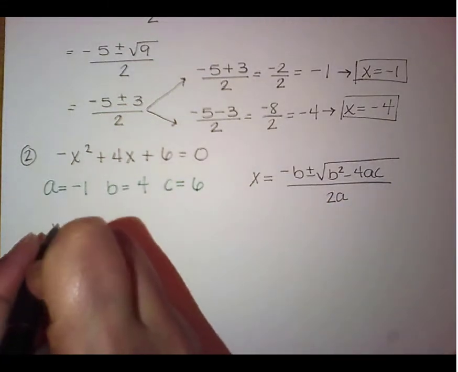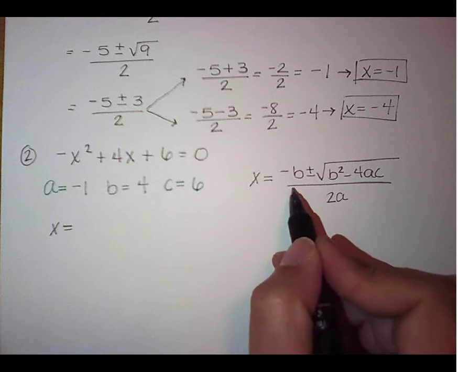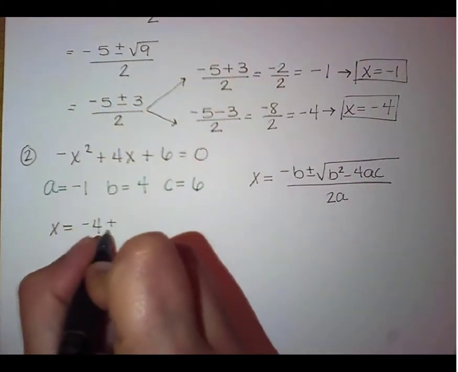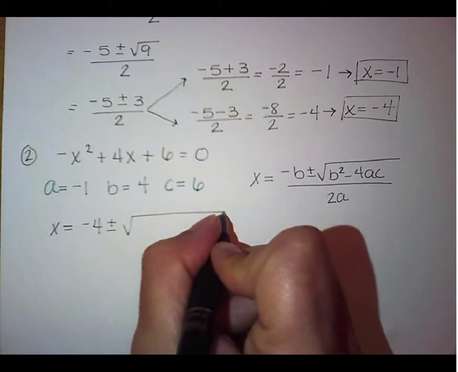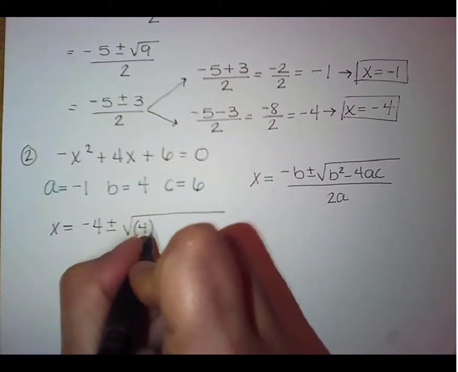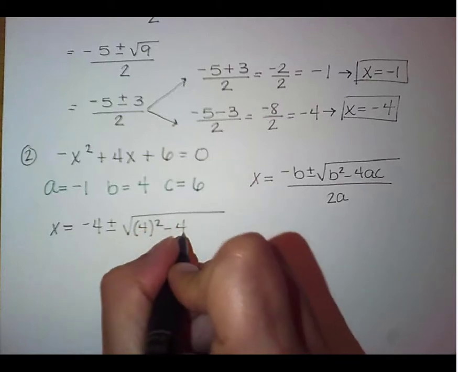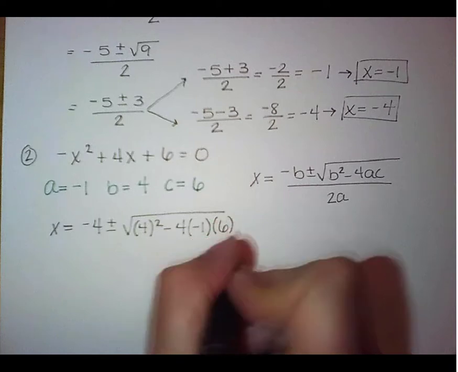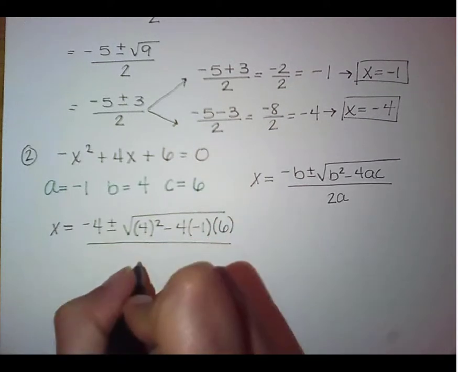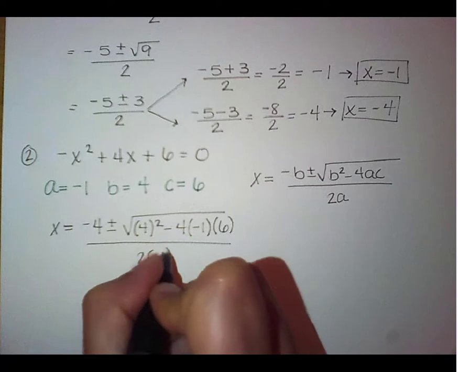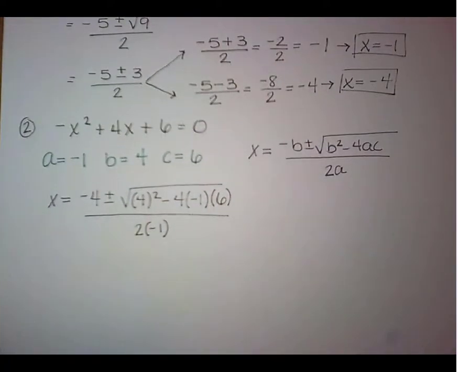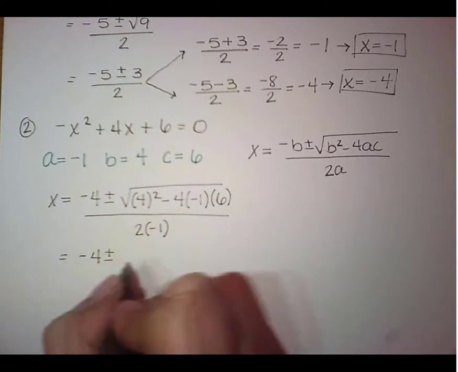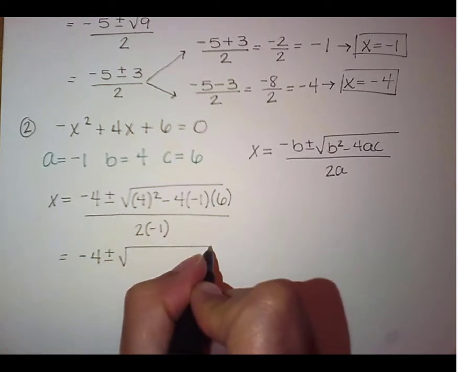So we have x equals -b, or opposite b, so that would be a -4 plus or minus the square root of 4 squared minus 4 times -1 times +6, divided by 2 times -1. Okay, so now we're going to have -4 plus or minus. We're going to work on simplifying down inside of that root.